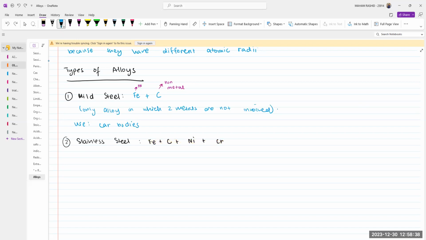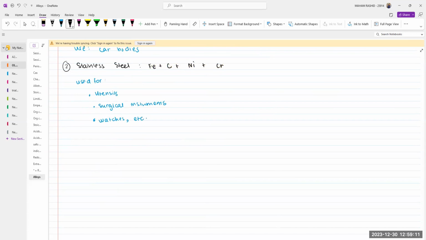So stainless steel is a mixture of iron, carbon, nickel, and chromium. This is used for utensils and surgical instruments and watches, etc. Third type of alloy that we have is brass.